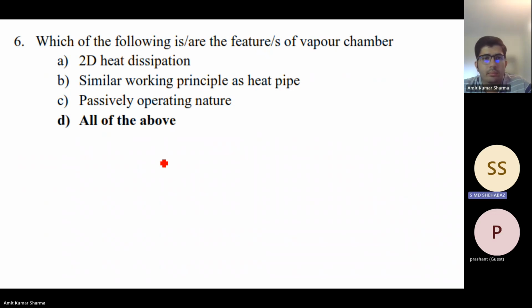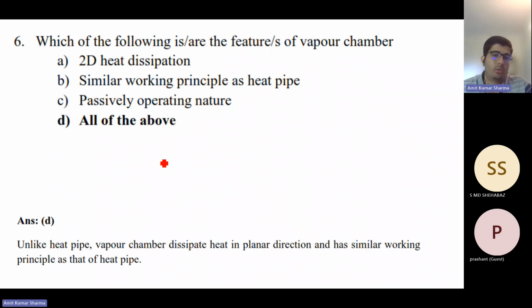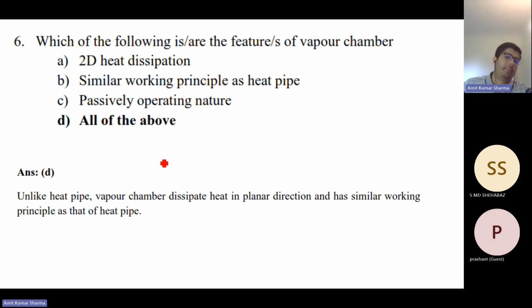Sir, D is the right answer, sir. All of these are the features of vapor chambers. Okay, so there will be 2D heat dissipation, similar working principle as heat pipe, and passively operating nature. Yes, correct. The answer is D because unlike a heat pipe, a vapor chamber dissipates heat in two dimensions and has a similar working principle as that of a heat pipe.